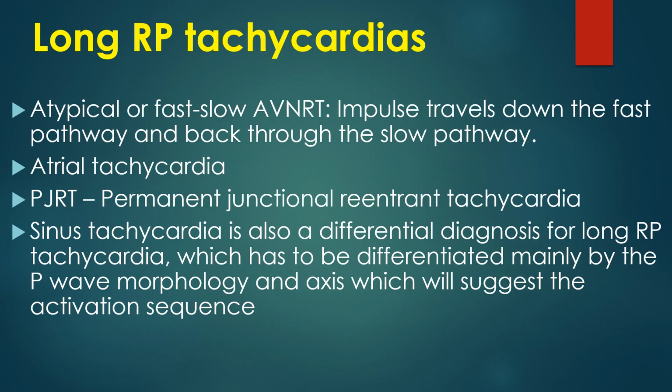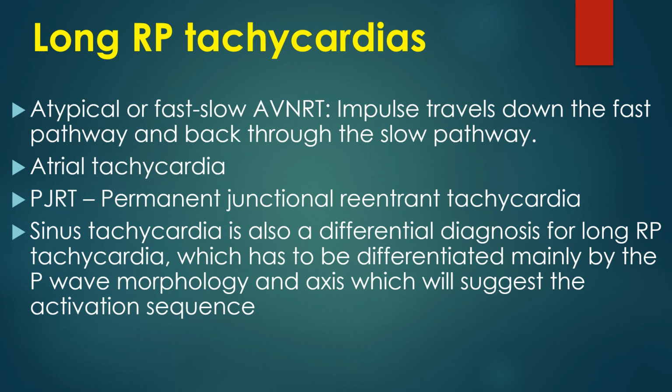Long RP tachycardias include atypical fast-slow AVNRT, in which the impulse travels down the fast pathway and back through the slow pathway. Since the return circuit is the slow pathway, the RP interval is longer than the PR interval. Other forms of long RP tachycardia are atrial tachycardia and PJRT, or permanent junctional reentrant tachycardia.